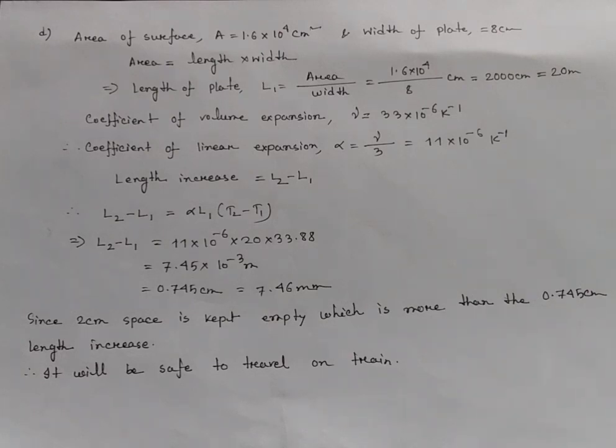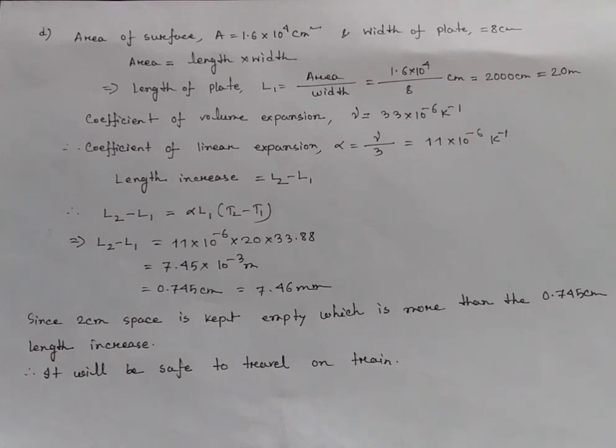So we are comparing the result here with the given space. In our question, another point is included: a 2 centimeter space was kept empty between the two plates, because due to expansion the plate will increase in length.